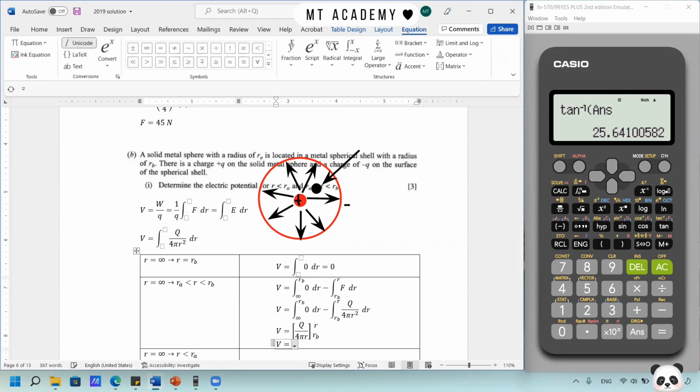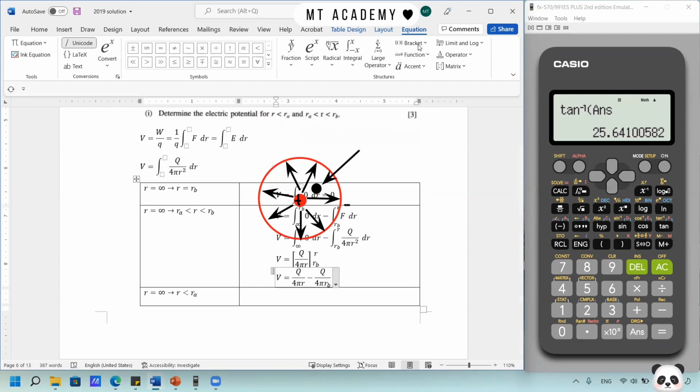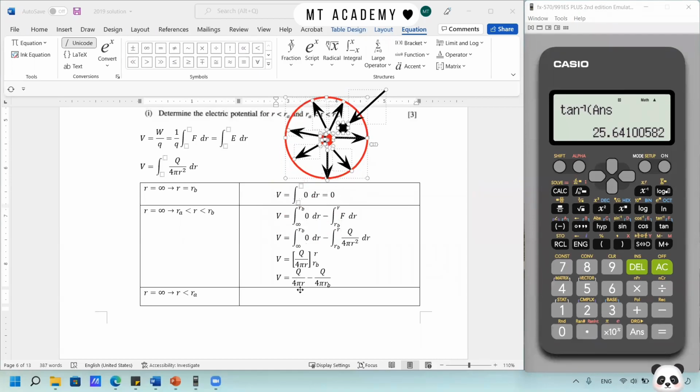So V is equal to Q over 4 pi r minus Q over 4 pi RB. Here we can see that RB is a constant value, while r is a variable. It is any distance between RA and RB. So this is the electric potential for the region between RA and RB.